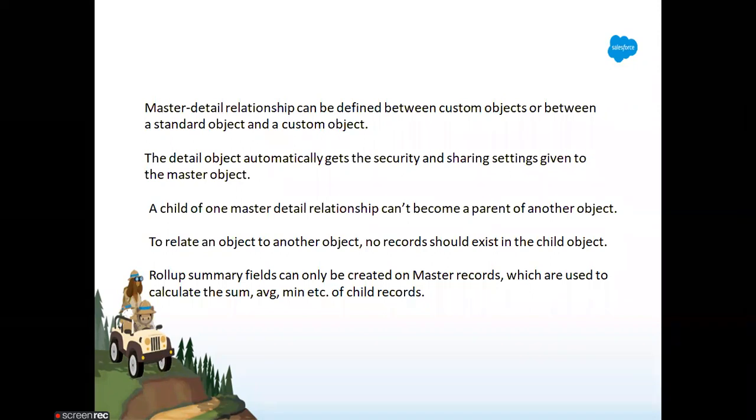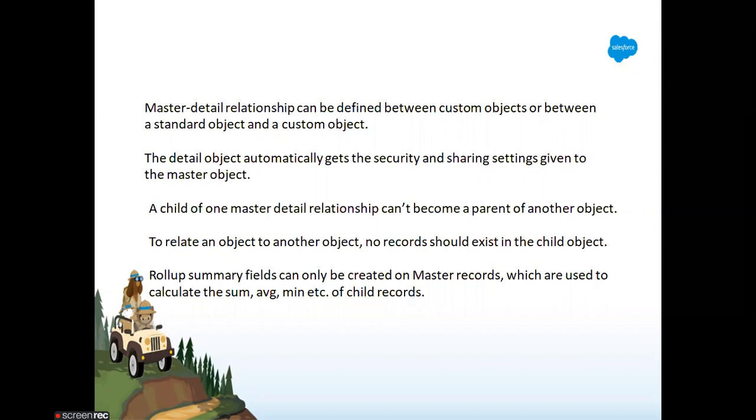Now, to relate one object to another object, we are going to create a master detail relationship between two objects. So no record should exist in the child object, that means the child object must be empty.